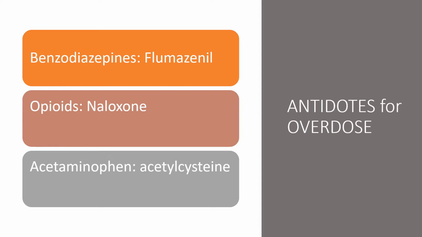There's no sense in running for the flumazenil if someone isn't breathing. So airway, breathing, circulation, and then sure, get the flumazenil so that we can reverse the effects of the benzodiazepine, which are often respiratory depression, decreased level of consciousness, and potentially hypotension.